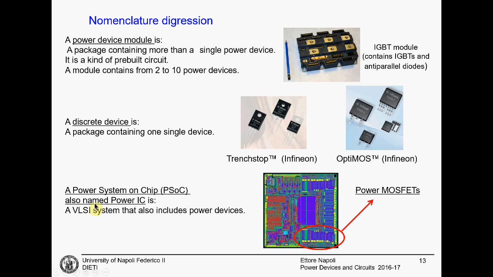This is a VLSI system that also includes some 1, 2, 3 power devices. This is the front view of the VLSI system. There is a lot of logic here. There will probably be memories, logic, CPU, controller, whatever you want. And these big blue blocks here are some power MOSFETs.